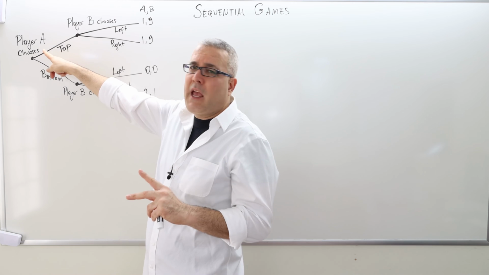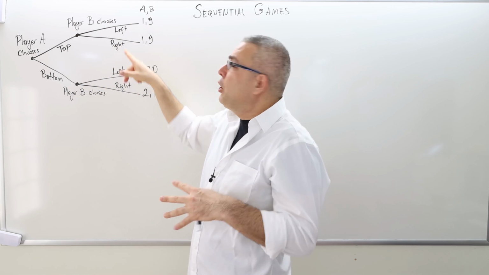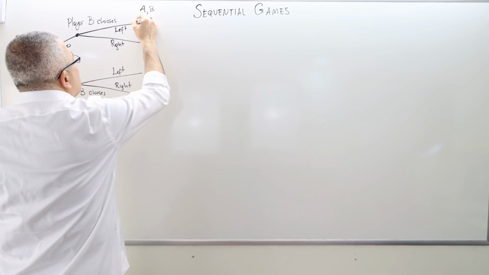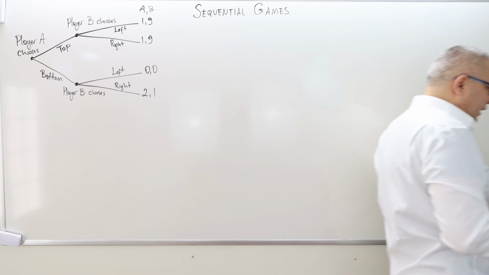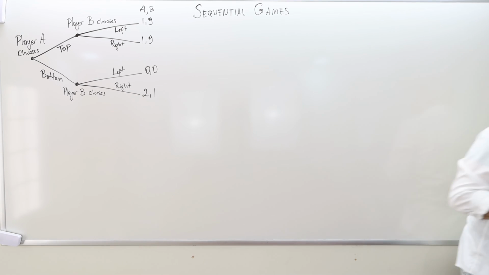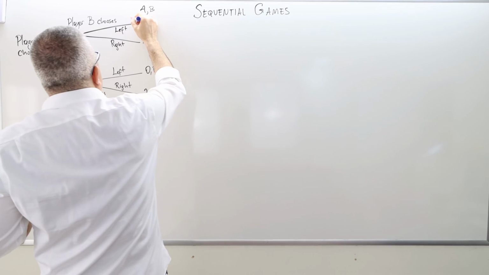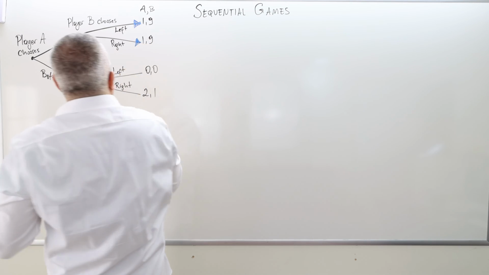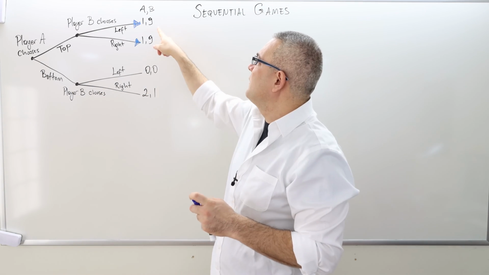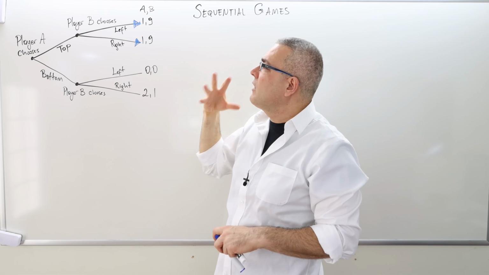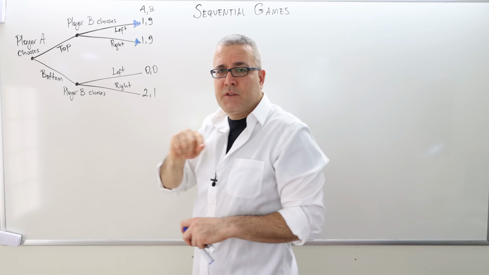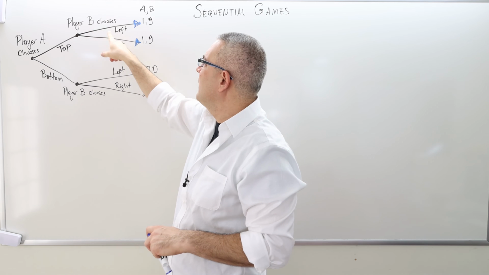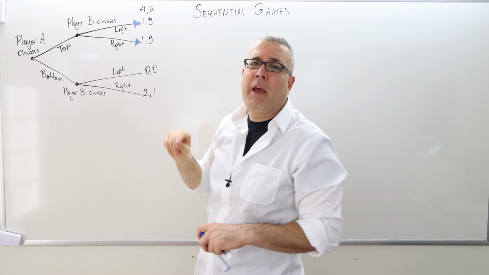So player A knows that player B could choose left or right because she's indifferent. Both give her exactly the same payoff of 9. So if player A chooses top, whatever player B does, player A is going to get a payoff of 1.